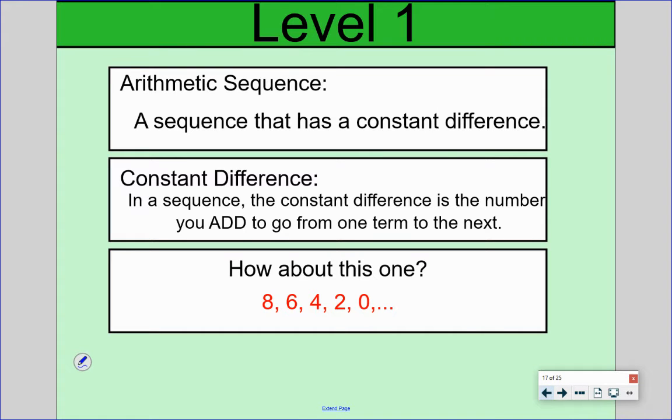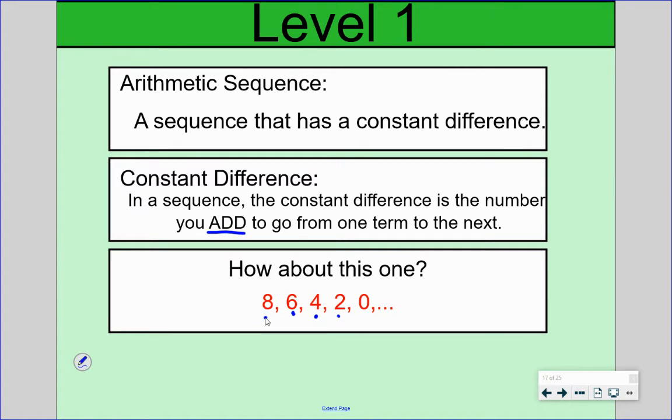How about this one? Is this an arithmetic sequence? Our first number is 8. Our second number is 6. Our third number is 4, and so forth. Remember that an arithmetic sequence is a sequence that has a constant difference. The constant difference is the number you add from one to the next.